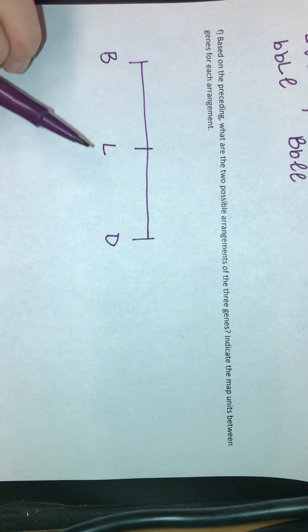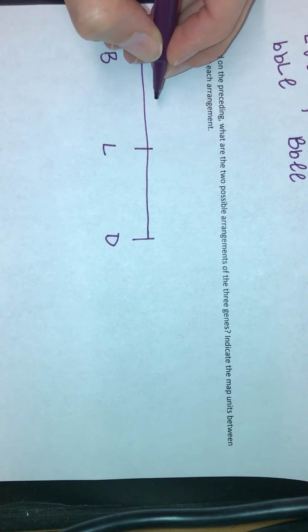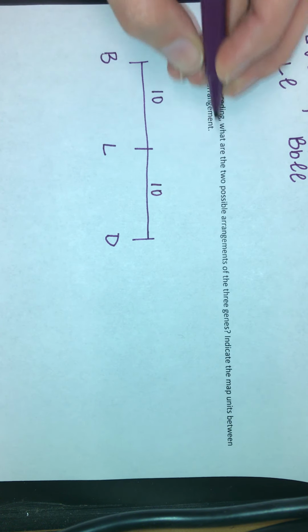You guys just told me up in this problem that the distance between body and wing length is 10. And then in the previous part on question 2, you told me that the distance between body and wing surface was 20. So make sure those numbers line up.